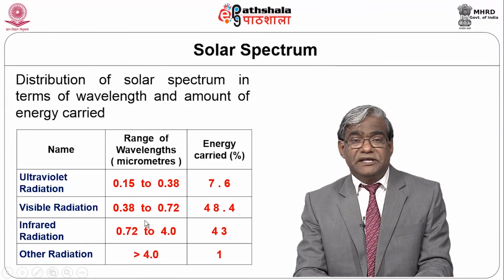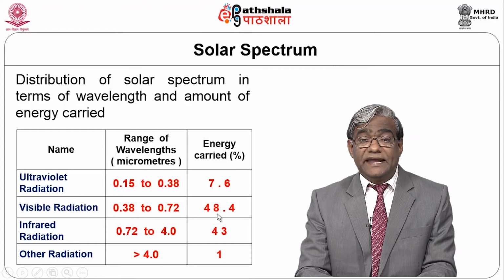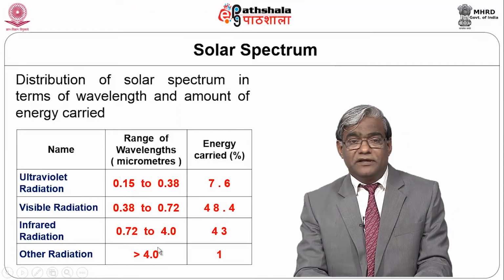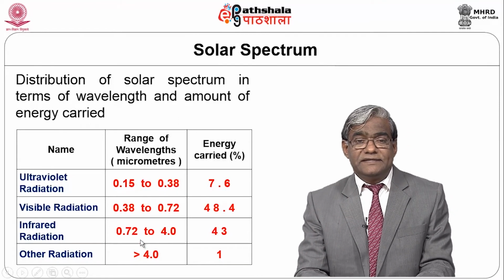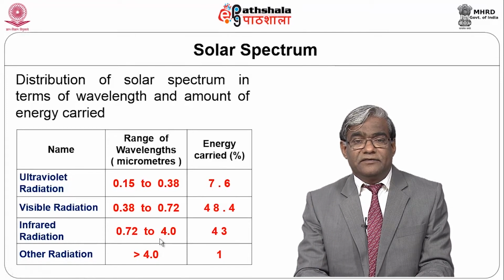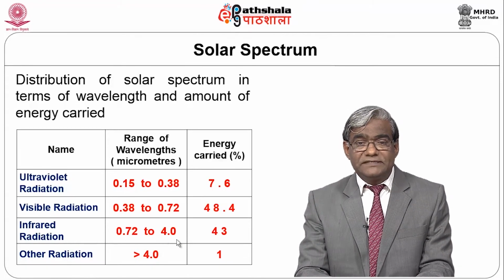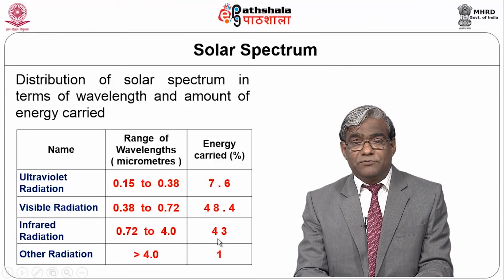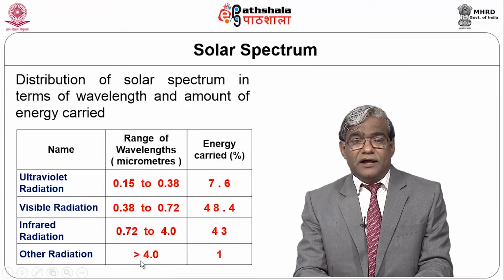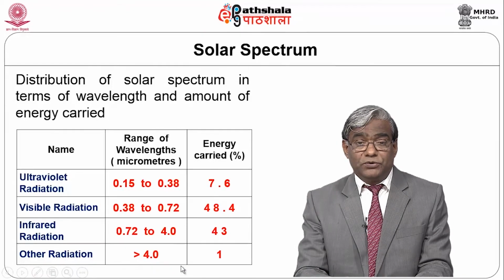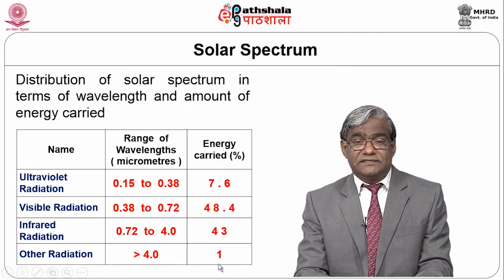For visible radiation, the wavelength range is 0.38 to 0.72, and the energy carried is about 48.4%. Infrared radiation is 0.72 to 4.0 micrometers, and the energy carried is about 43%. Other radiation is greater than 4.0, and the energy carried is just 1%.